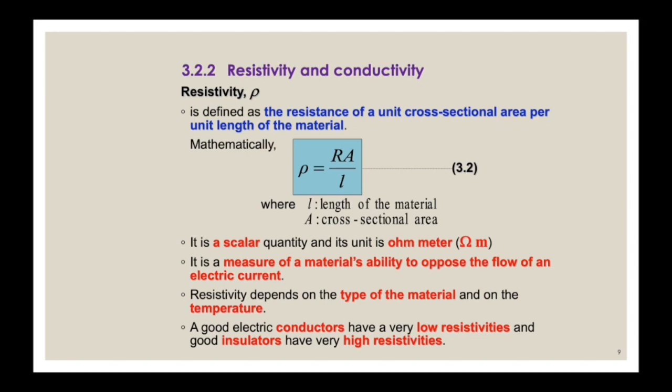For example, copper wire and lead wire will have different resistivities. Good electric conductors have very low resistivities, and good insulators have very high resistivities.